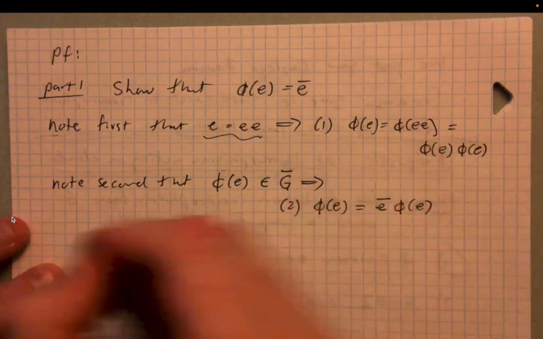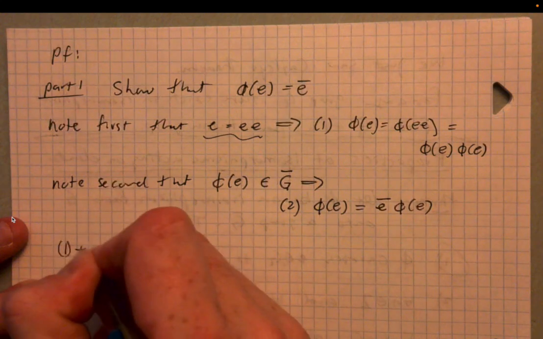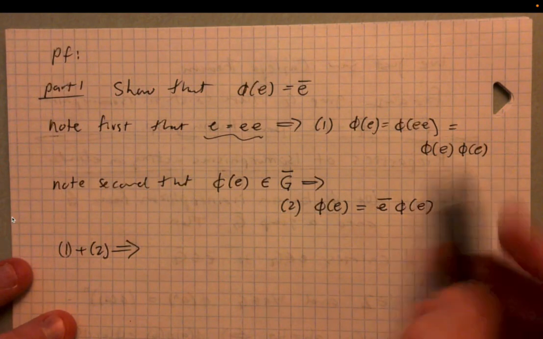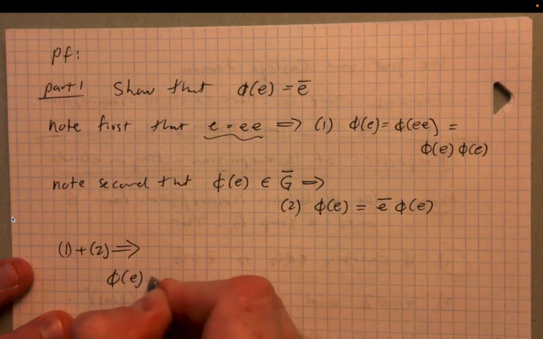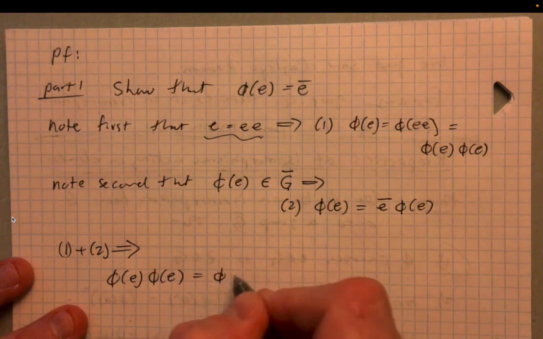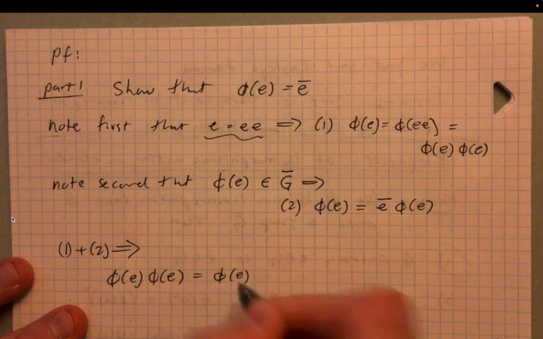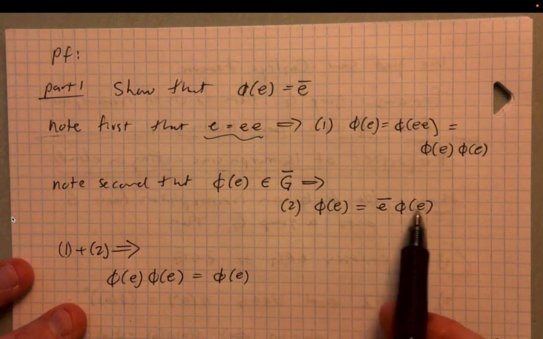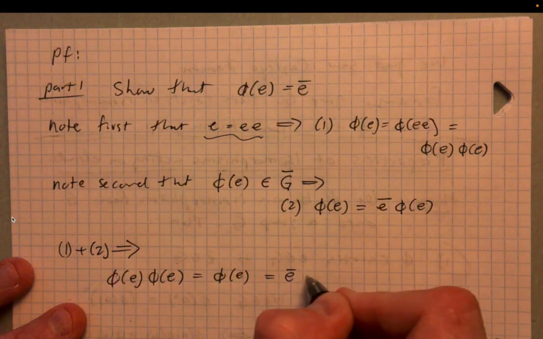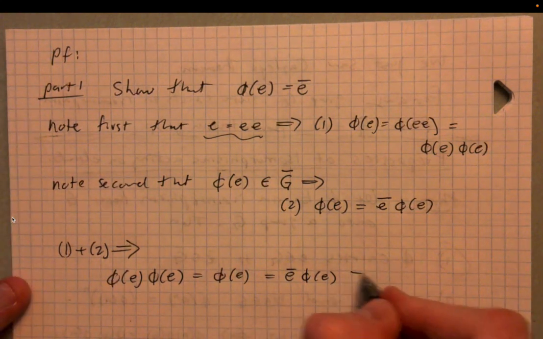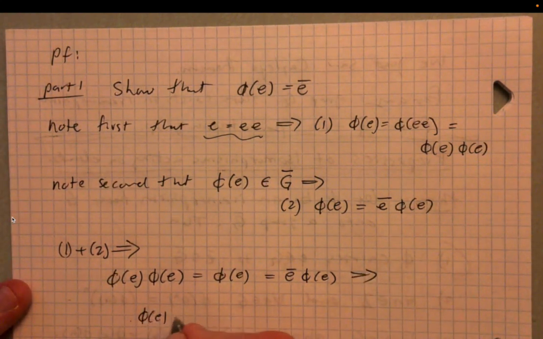And so between 1 and 2, we can basically get what we need. We'll start with phi of E times phi of E equals phi of E, and then we know that phi of E is equal to E bar times phi of E. We don't need this middle piece here, so let's simplify this a little bit.